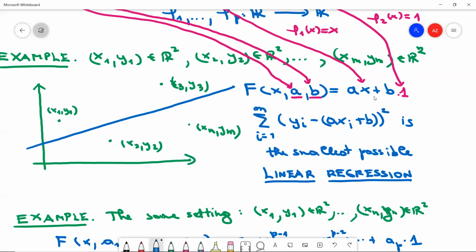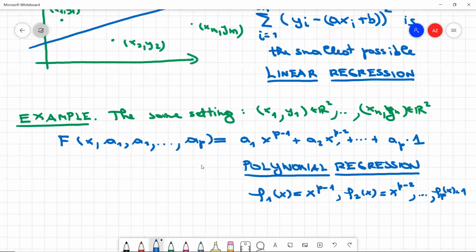So for each coordinate of x, we would have one parameter. Still, this f would be of the same form, only that there would be more x's and consequently more a's. And we would be dealing with multilinear regression. So linear, but since we have more variables, it's called multilinear.